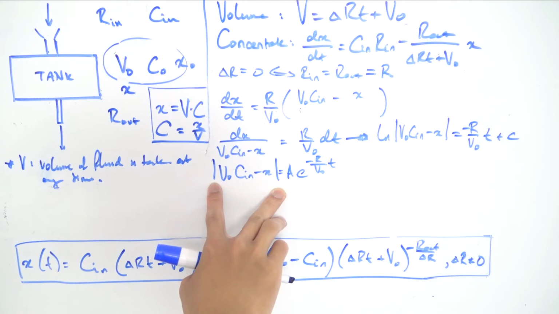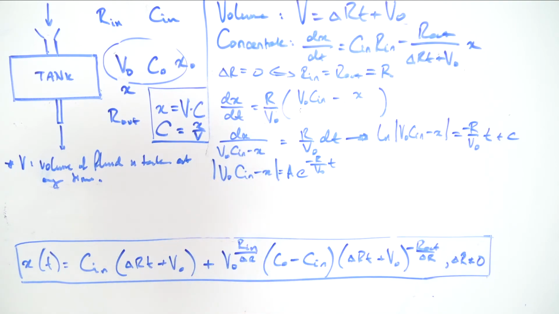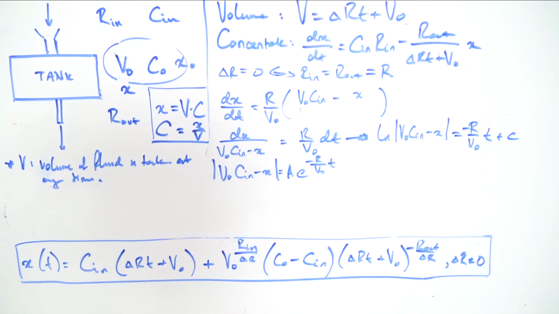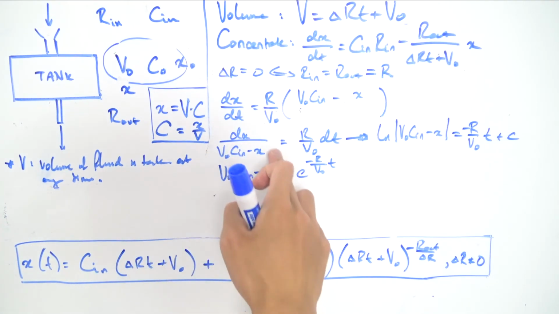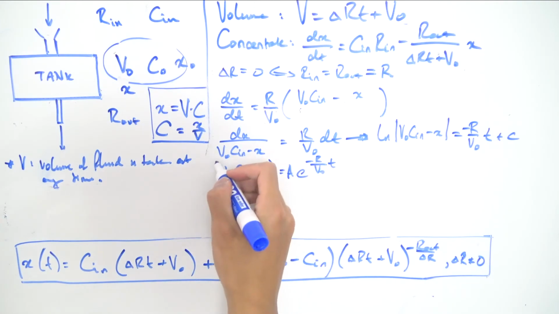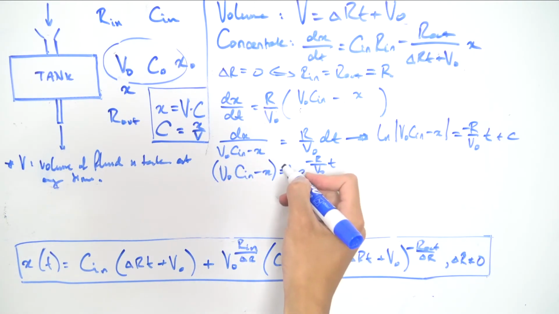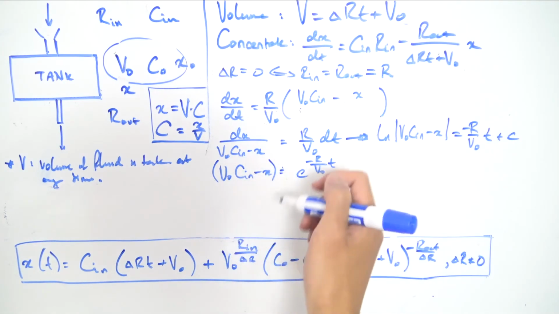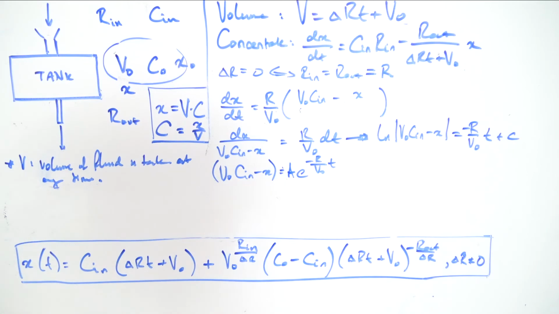And notice over here, this absolute value just makes sure that the whole left hand side is positive, but the inside of the absolute value could be either positive or negative. So we have to consider both cases for that. So we want to get rid of the absolute values. And this inside could be positive or negative, so plus or minus a, but again, that's just another constant. So we can just leave it like that if we want to.